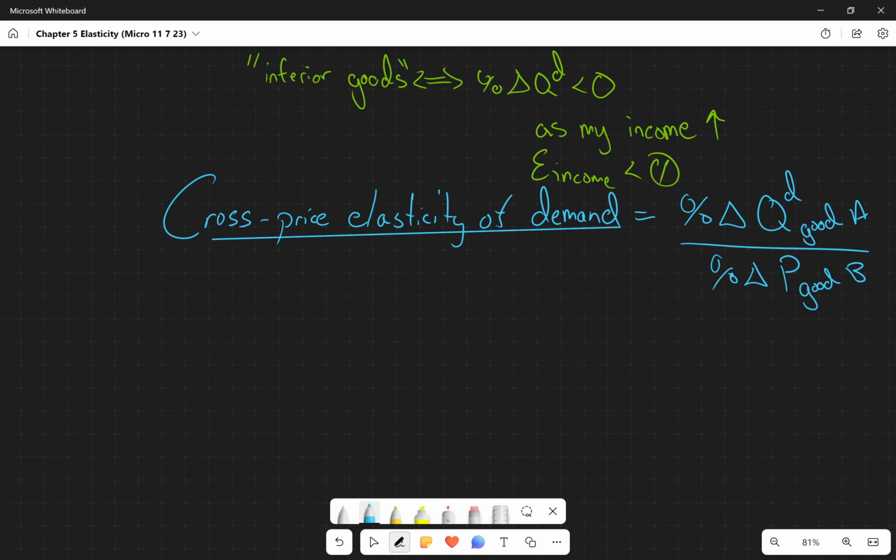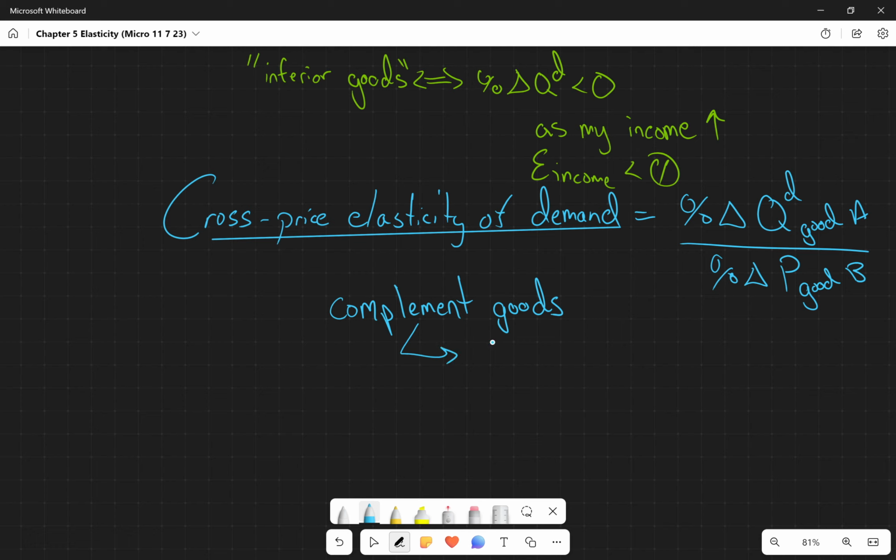And so, as we saw before, we have two types of relevant goods, right? We have the complement goods, right? And a complement good is going to have a situation where as the price of another good increases, the quantity demanded for your good decreases.